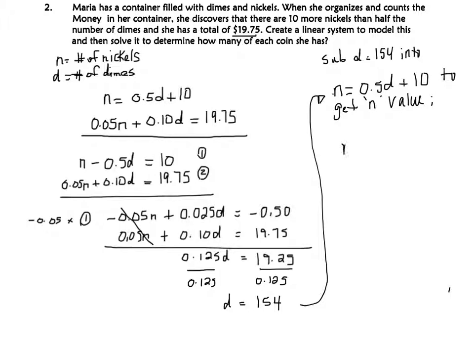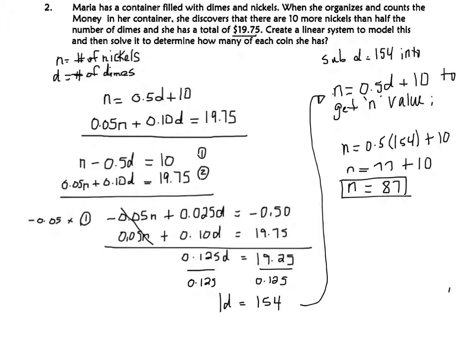And that would be n equals 0.5 times 154 plus 10. So that's going to be 77 plus 10. So n would equal 87.